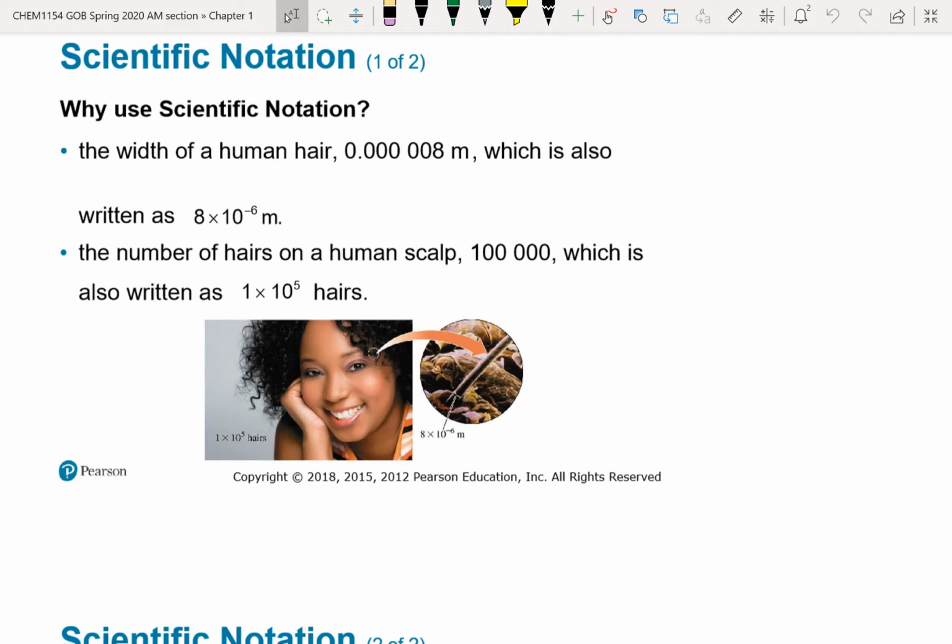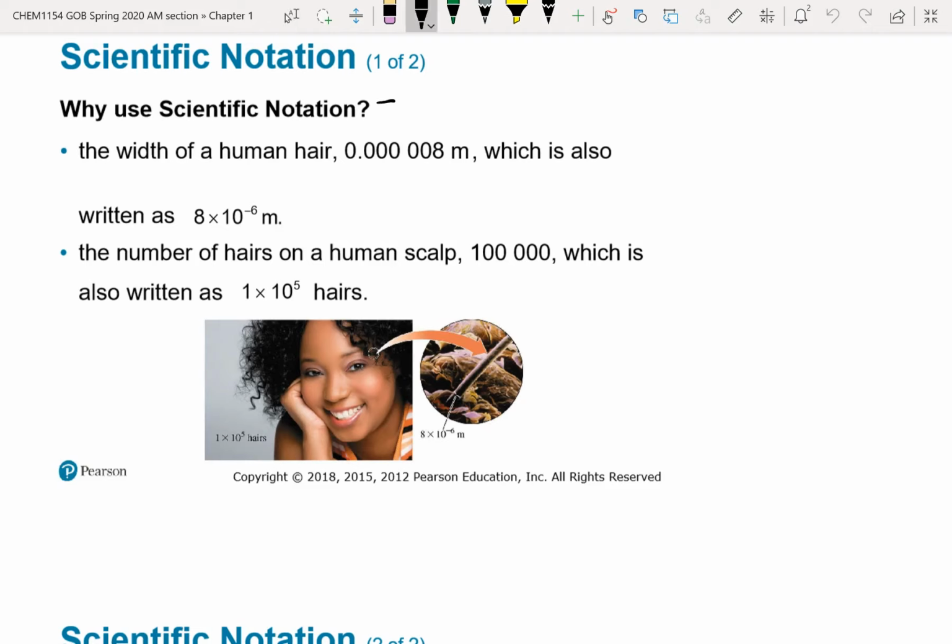It's way more concise than writing out a regular number when those numbers are really, really big or really, really small. So why do we need to use scientific notation?